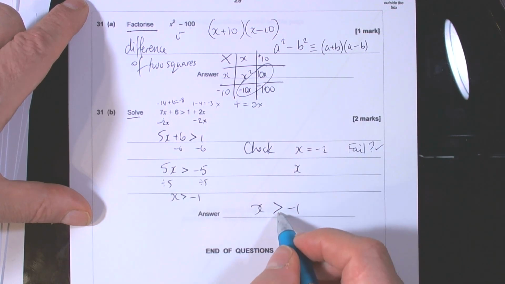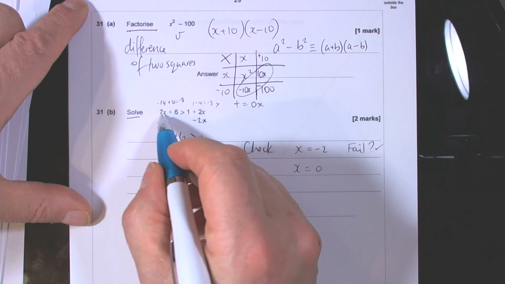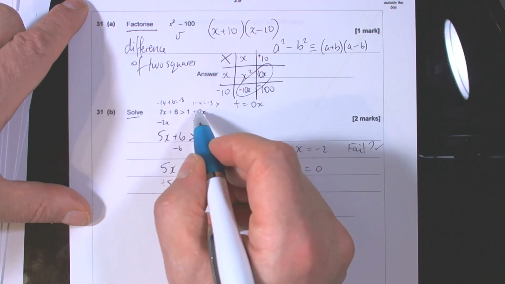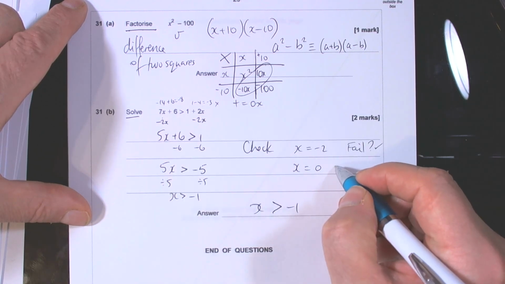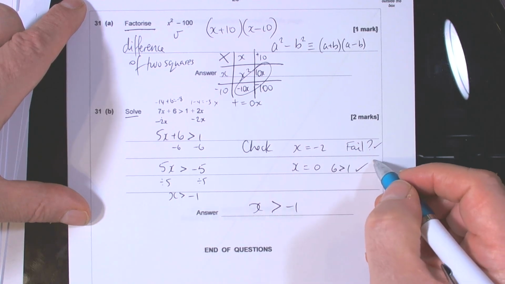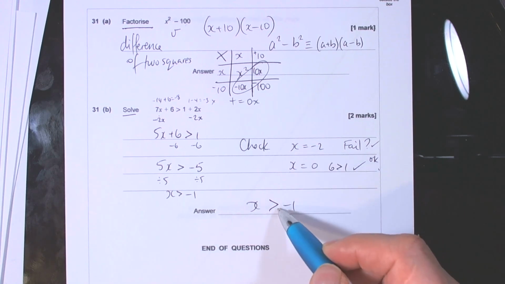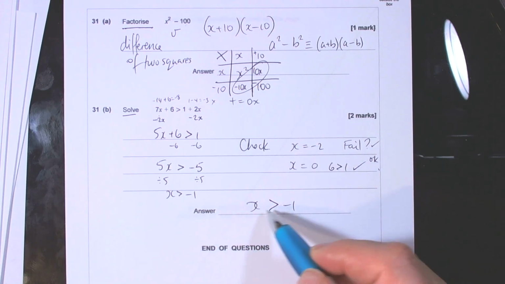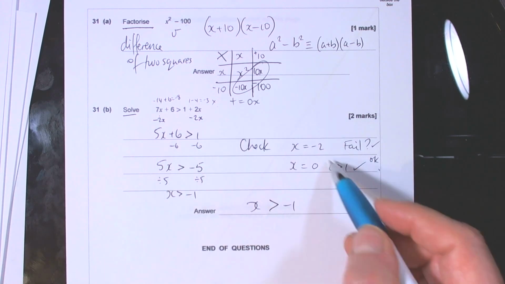And then it says x has got to be greater than -1, so I'll put 0. 0 plus 6 is 6. 0 plus 1 is 1. Is 6 bigger than 1? Yes. So 6 is greater than 1, yes, it did. So that's okay. So something that is not true here should fail the test, which it did, and something that is true here should pass the test, which it did.